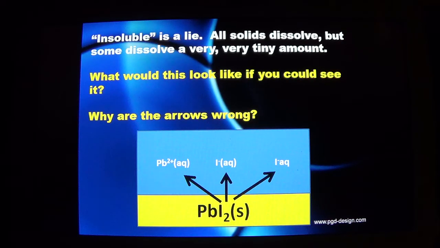What we're telling you is that you have to consider, even though you call it insoluble, a little bit does dissolve. A tiny bit. Itty bitty teeny tiny does actually dissolve. And that's that itty bitty teeny tiny amount that we're going to actually look at this chapter, because there are certainly some very important chemical principles based on that little bit that does dissolve.